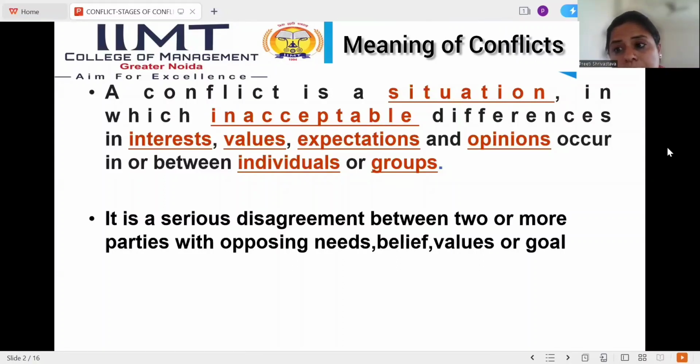It is the first stage, where the differences occur between the individuals due to their difference in values, due to their difference in opinion, due to the difference in their interest. It is a serious disagreement between two or more parties with opposing needs, beliefs, values, and goals.